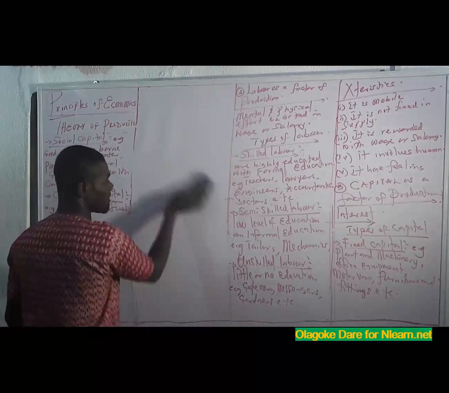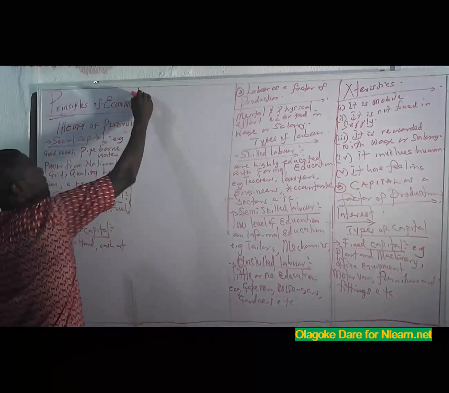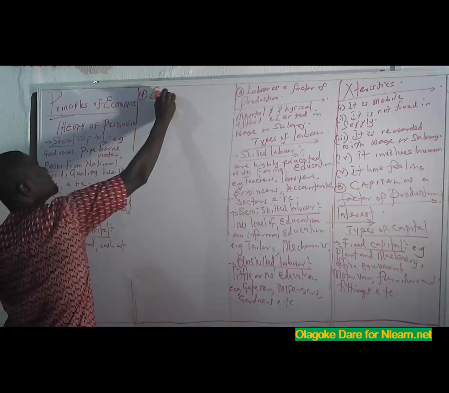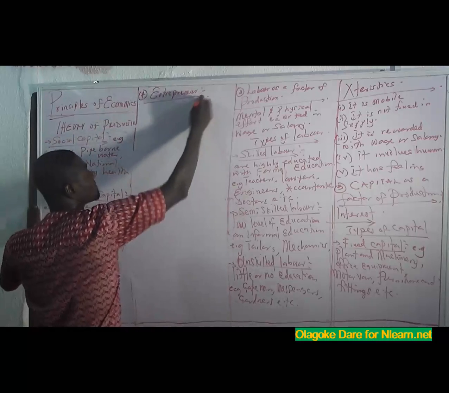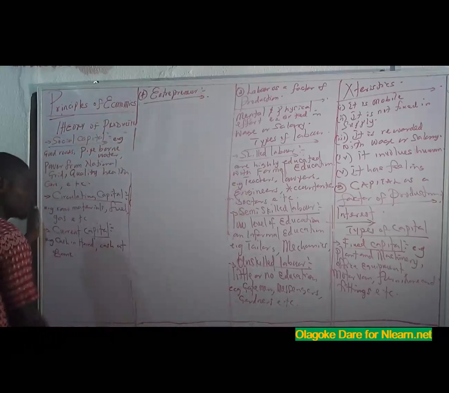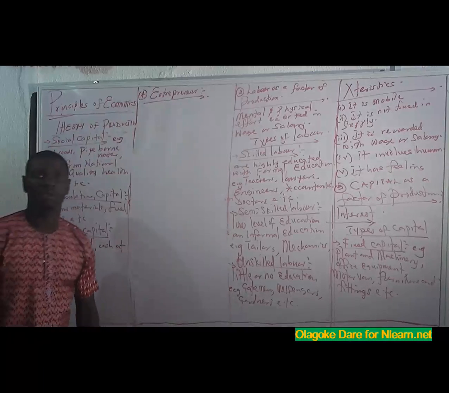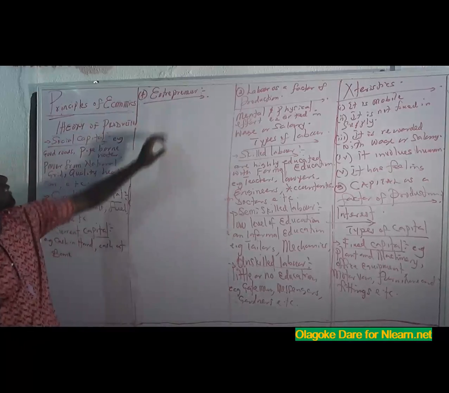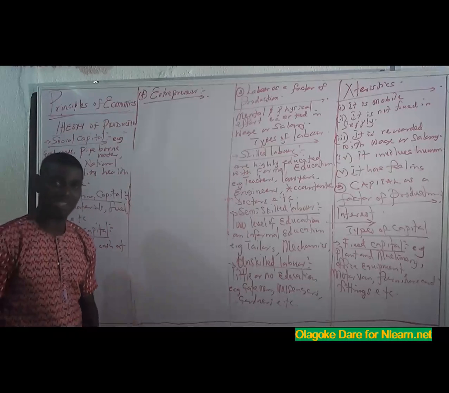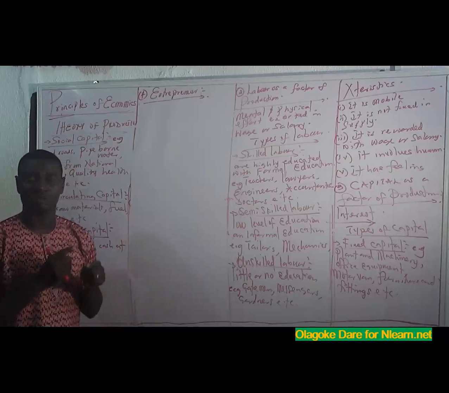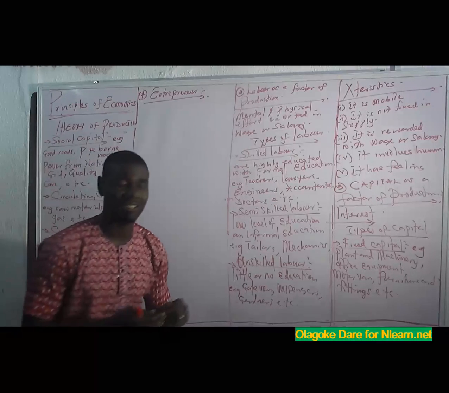Let's look at the last factor of production, which is the entrepreneur. Number 4, we have the entrepreneur. This is the most important factor of production. The entrepreneur is a factor of production that controls and combines all factors of production together in order to achieve results.